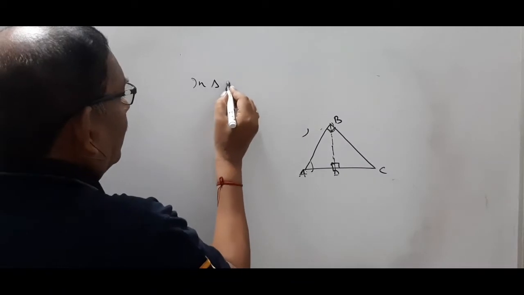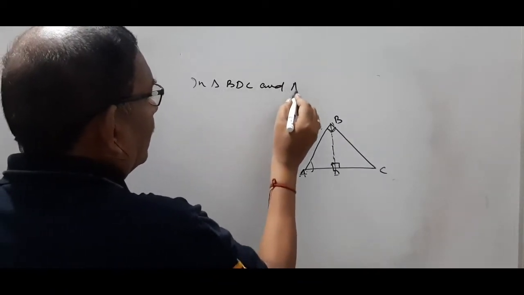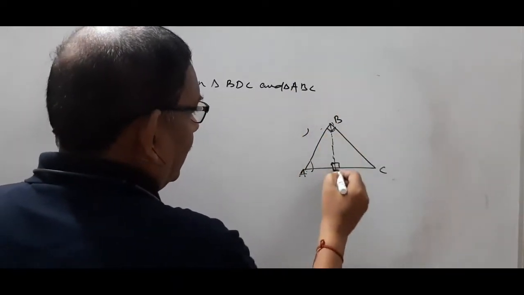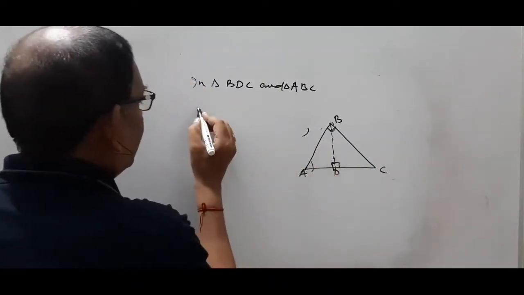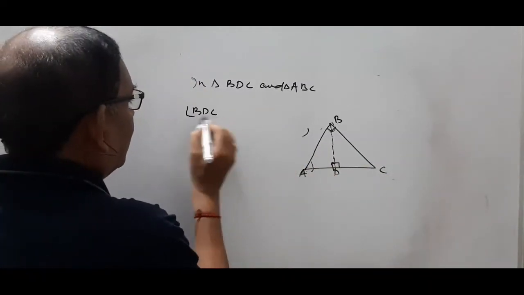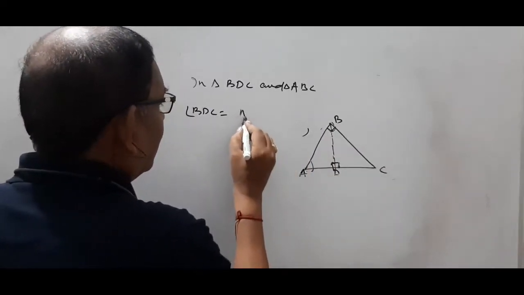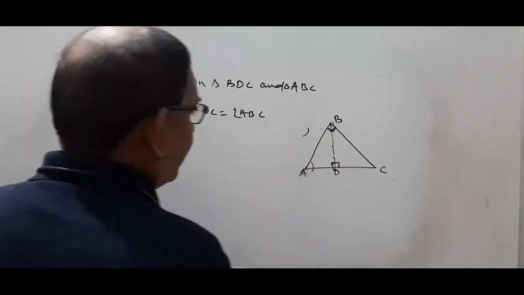In triangle BDC and ABC, here also the same thing. In BDC it is 90 degrees, and for triangle ABC, angle B is 90 degrees.